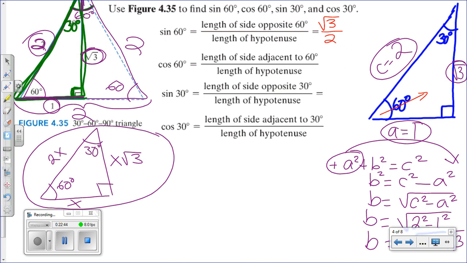Now I want you to do this by yourself: find the cosine of 30, the last one on that list of 4. You need the adjacent side to 30. Remember, the adjacent side to 30 should be one of the sides forming the angle.